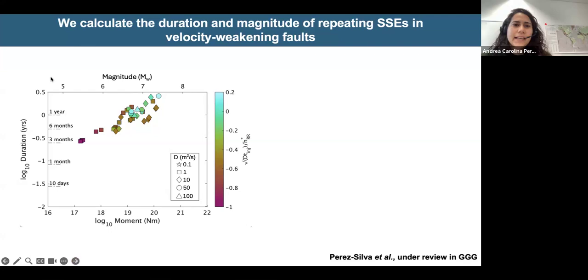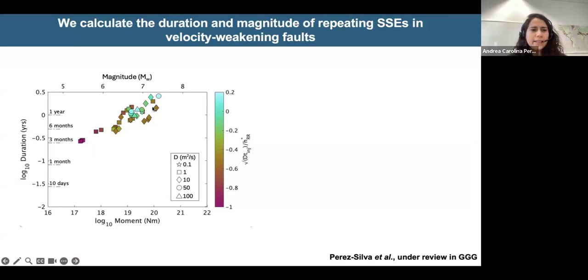So as in the previous case, we calculate the duration and magnitude of the repeating SSEs, as shown in this figure, and we also show it with respect to the normalized nucleation size. In this case, we're considering the nucleation size by Rice and Ruina.